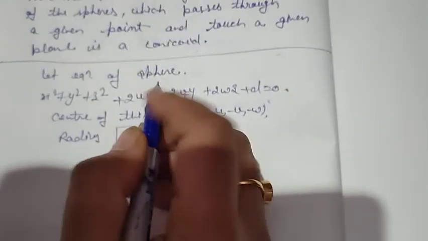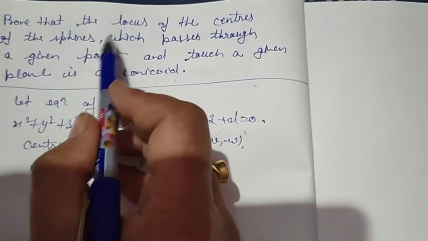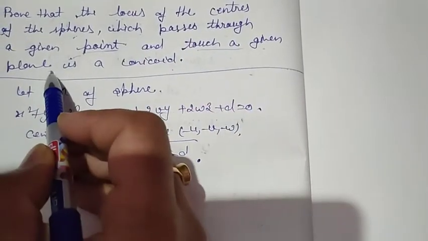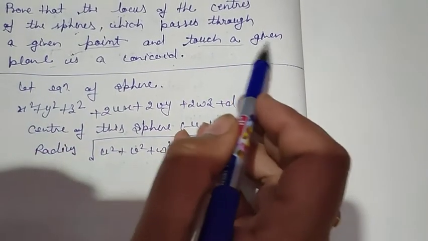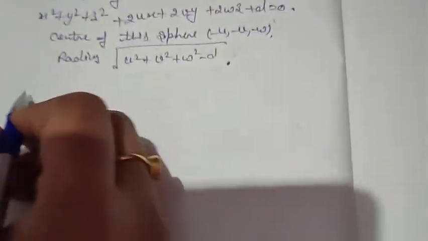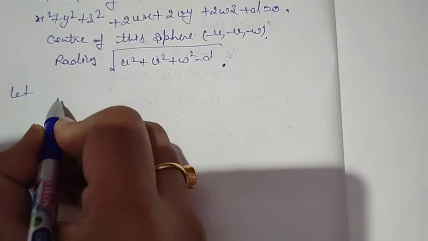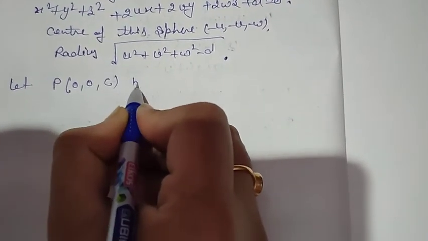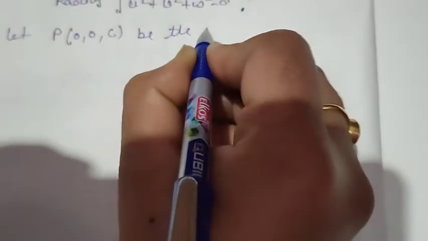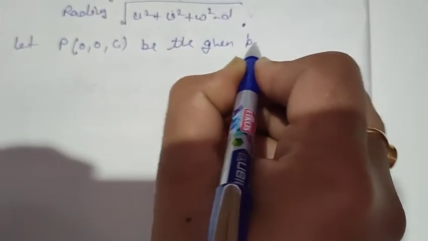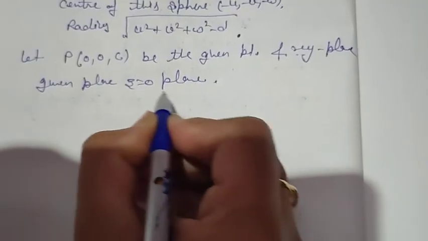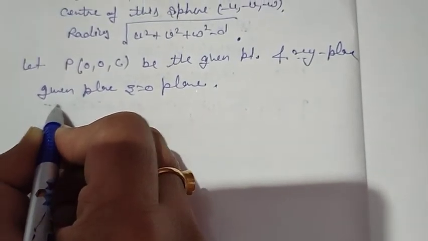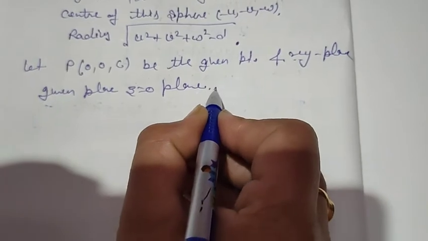Now this sphere passes through a given point and touches a given plane. Here we take a given point and a given plane. So let P (0, 0, c) be the given point, and the plane is z equal to 0.